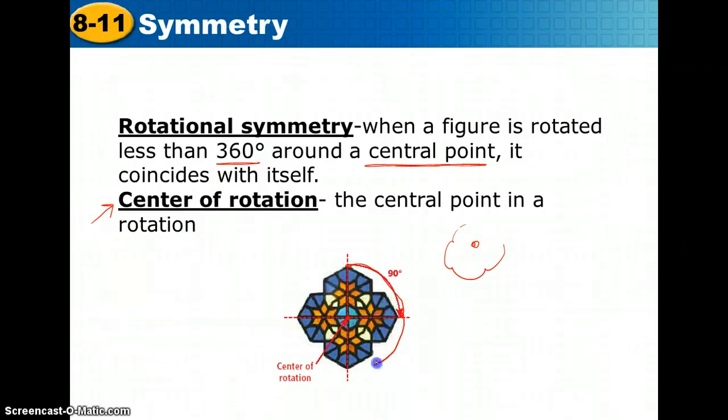And I can rotate it another 90 degrees. It will stay the same looking. I can rotate it another 90. Again, it looks the same. And I rotate it back to the original position. So even though it's in the original position, I did rotate it 4 times to get it back to its original. In each of those 4 times, it looked exactly the same.